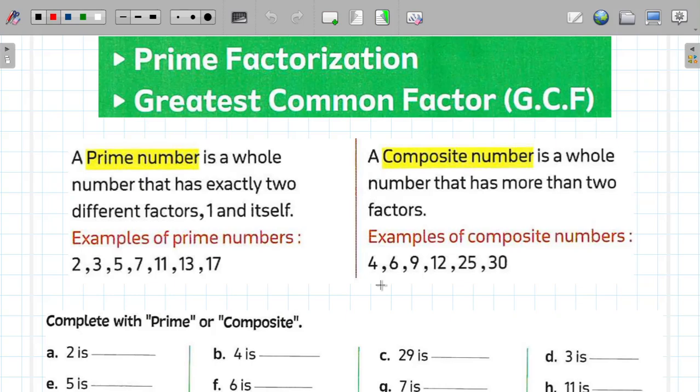Okay? And we have also 9. 9 has 3 factors, 1, 3, and 9. 12 has 6 factors, 1, 2, 3, 4, 6, and 12. All of these numbers, we call them composite numbers because they have more than two factors.